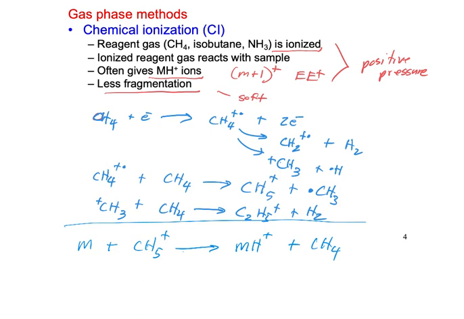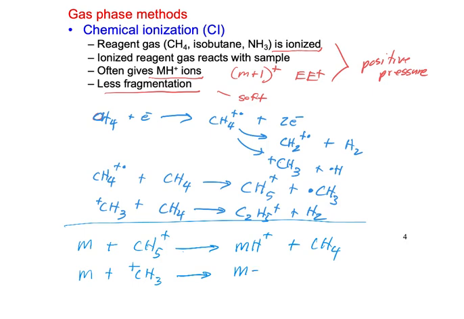Okay, or sometimes you can create kind of adducts. So you can add a reagent gas onto the molecular ions. For example, M plus CH3 plus could go to M, let's see, how do I want to do this?